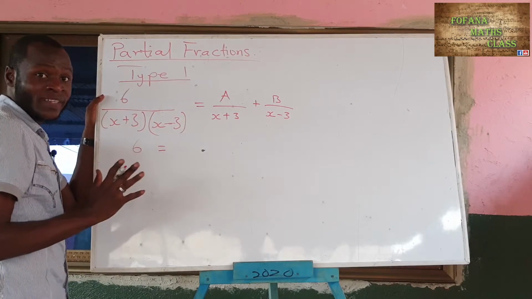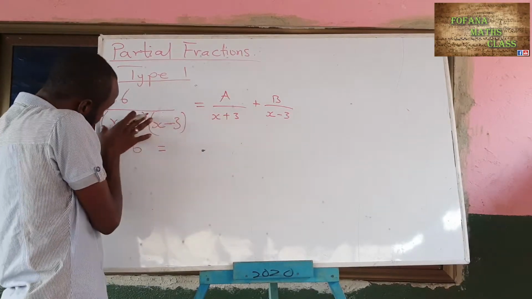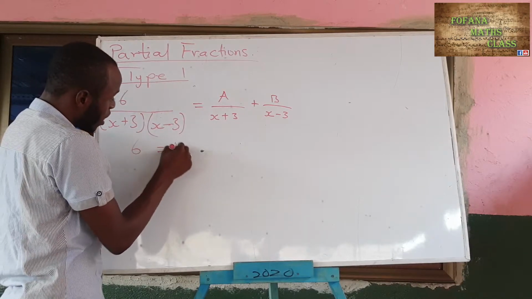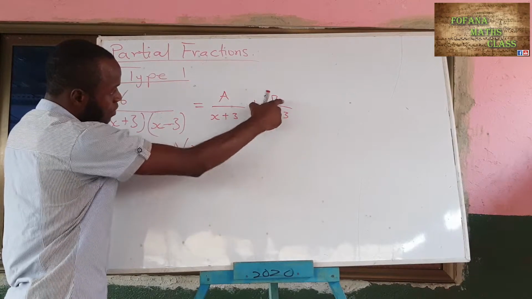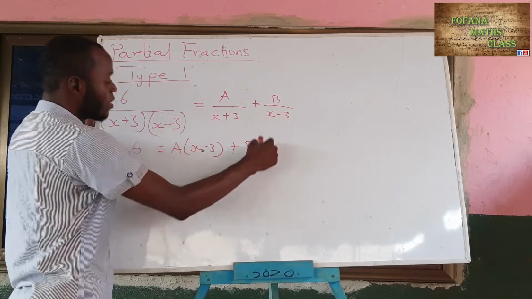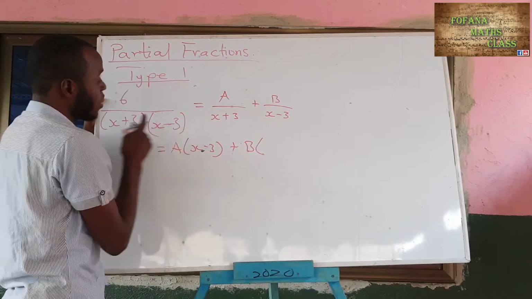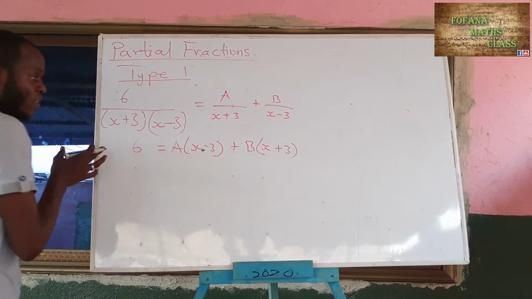So we just write only the 6. We do the same thing here: the x plus 3 cancels the x plus 3 in the LCM, and we are left with x minus 3, so A multiplies x minus 3. Then you bring your addition sign. Then B times x minus 3 cancels the LCM's x minus 3, and we are left with x plus 3. So now you have it in this way.